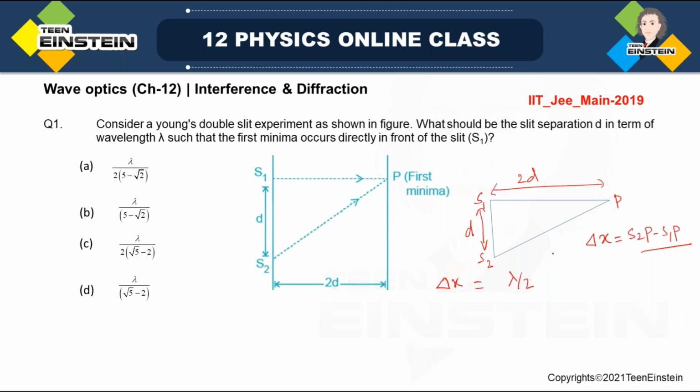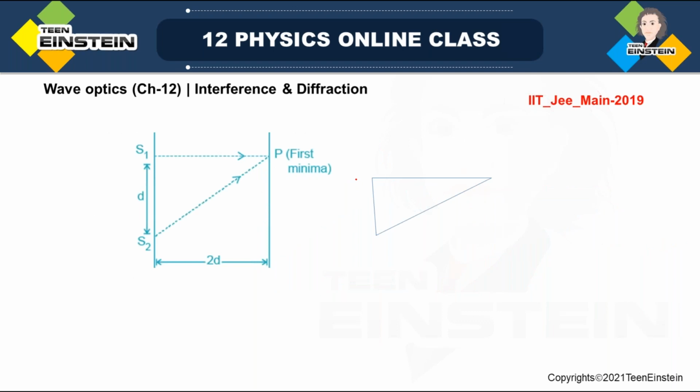So what is S1P and S2P? Look at this figure, the same figure I have drawn here. This is D, this is 2D, and this is P. Anyway, we know S1P is 2D. What is S2P?